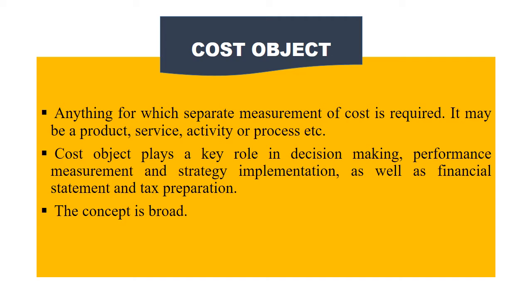Similarly, for an activity, planning a purchasing order, receiving deliveries of materials, inspecting these materials, storing materials in the store are all separate activities which can be considered as cost object while ascertaining the cost.